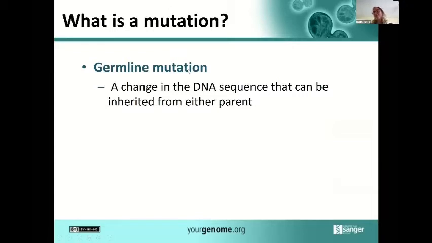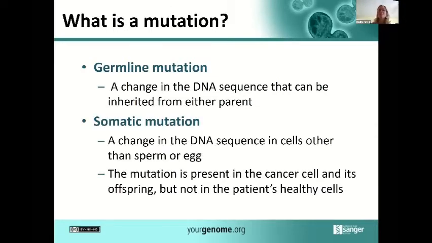And if that happens, then it does get passed on to the children. But most cancers are somatic. So a somatic cell is just a body cell, a normal body cell. So not sperm or egg, but any other type of cell in your body. So skin, muscle, not that you get many muscle cancers.